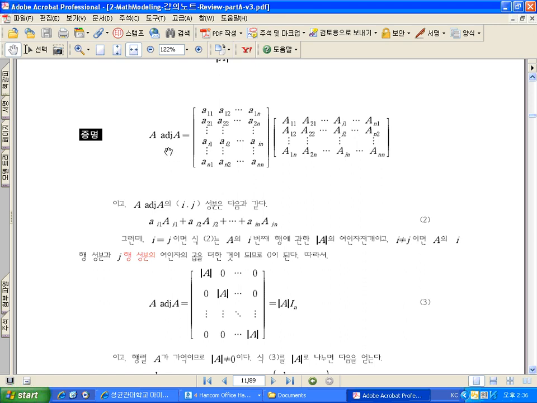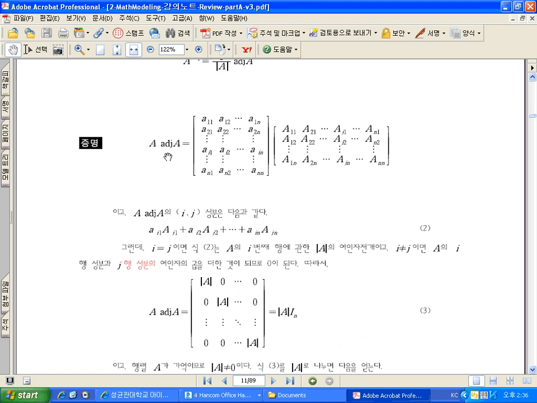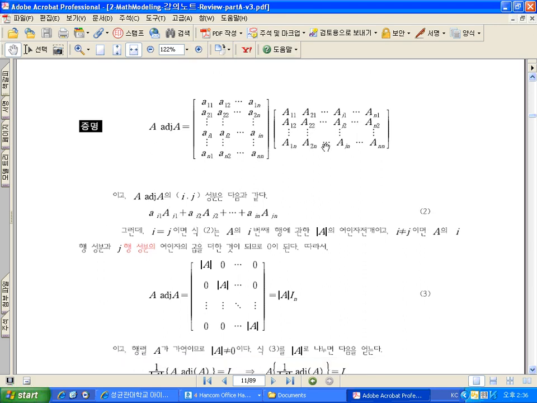Let's think about A times the adjoint of A. A is a matrix whose entries are aij, and the ij-th entry of the adjoint of A is the ji-th entry, the ji minor of the given matrix A. So the ij-th entry of A times the adjoint of A is the product of this row and this column, which can be written in this way.